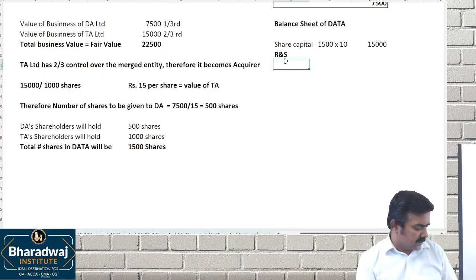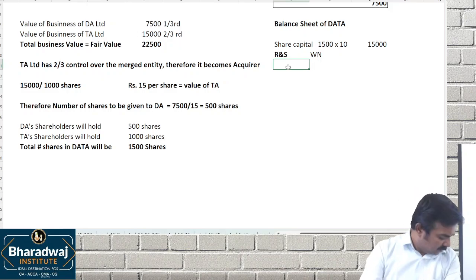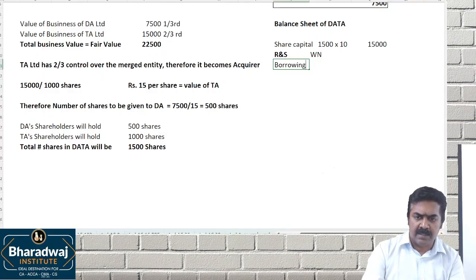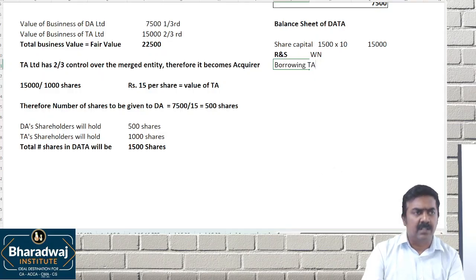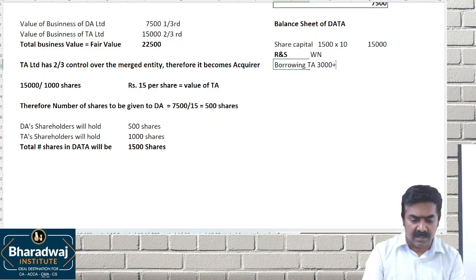What will be the reserves and surplus? We'll come to that. This is a working note, we can reconcile later. Next. How much have they given? Borrowings. How much is TA, how much is the acquired? Plus DA.